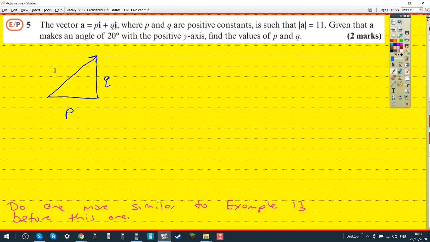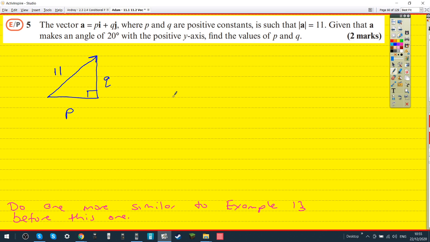So in that diagram we drew, the top left, question 11. Given that A makes an angle of 20 degrees with the positive y-axis, how can you use that? So would 20 be the opposite of it? Here? No, that's 90. So which angle?